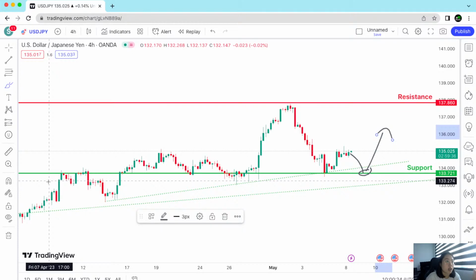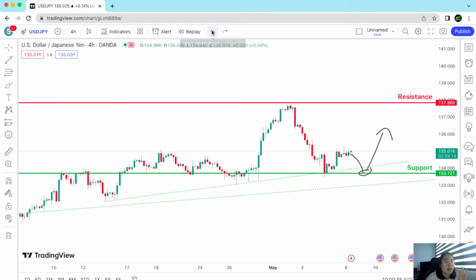Very rarely does price test an area 2 times. If price were to test an area 2 times, you need to question why. Because if it reaches here and goes up, it means the momentum is strong enough to push price up.